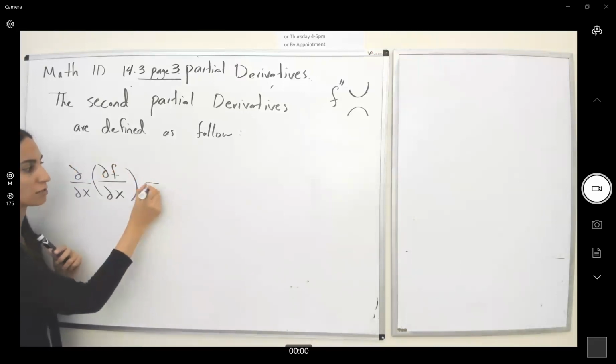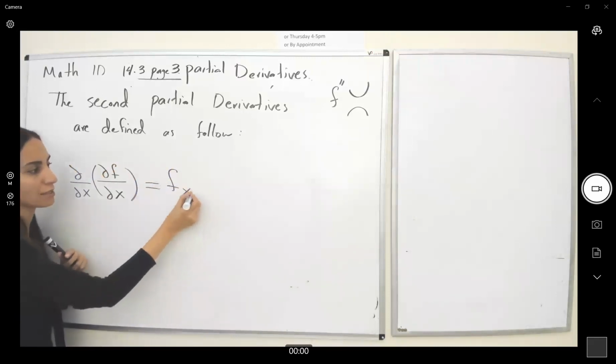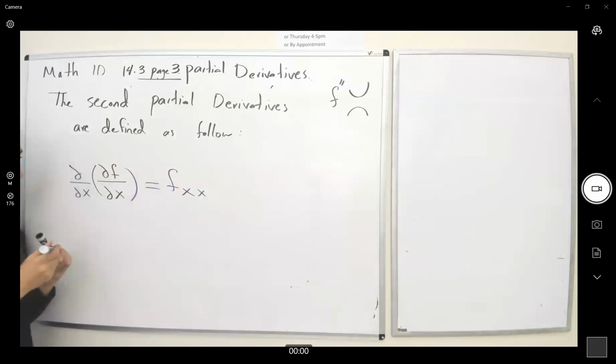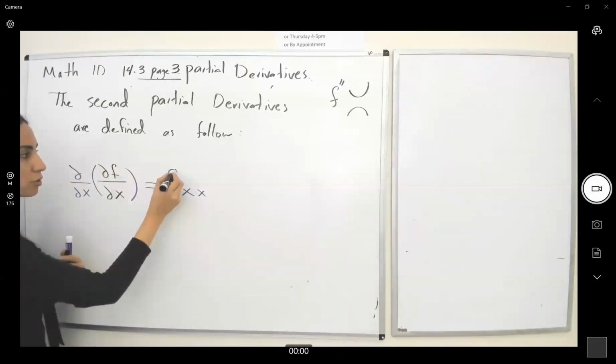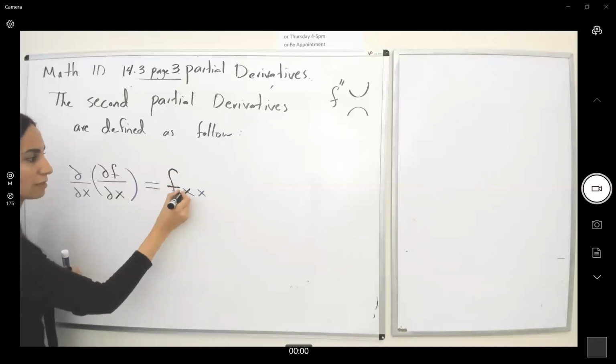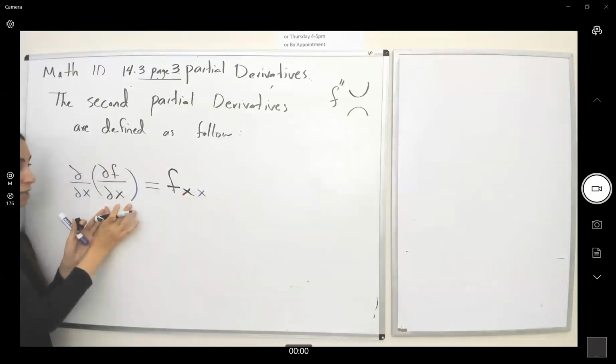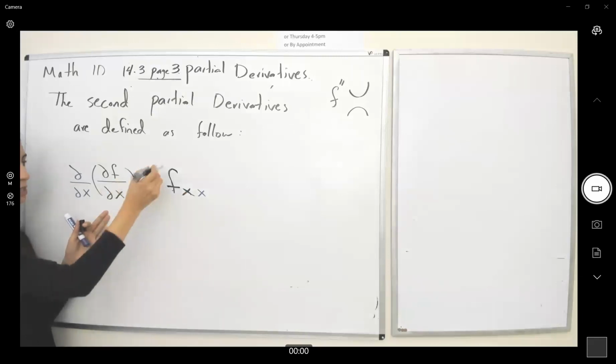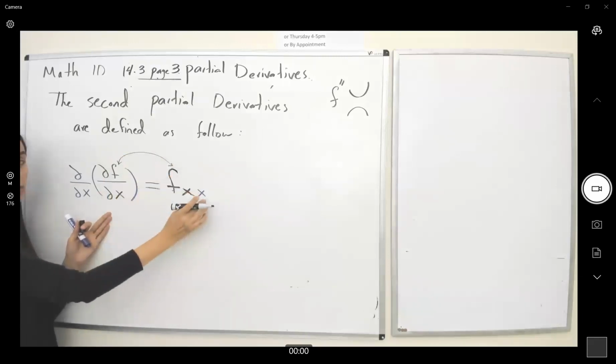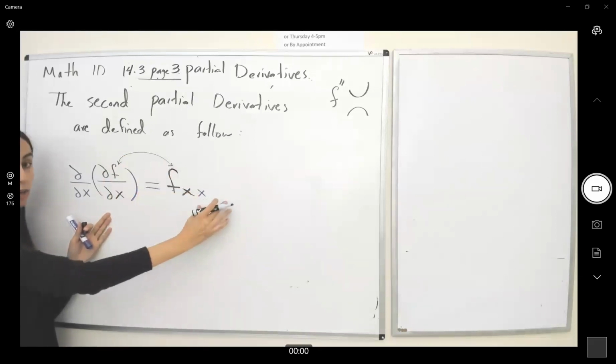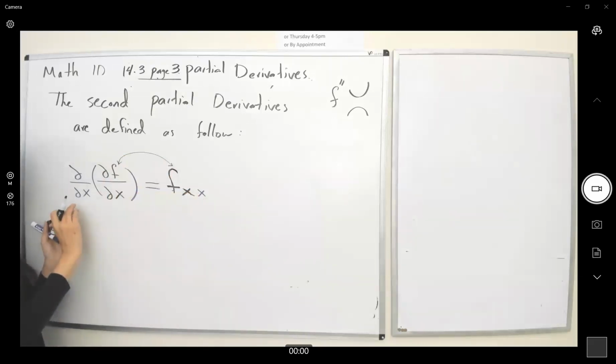We denote it this way, f of x and x. So let me write it here so you know that this is the black color. F of x is referring to the quantity inside parentheses. So we take the inside partial derivative, then this x on the other side actually shows the outer partial derivative.